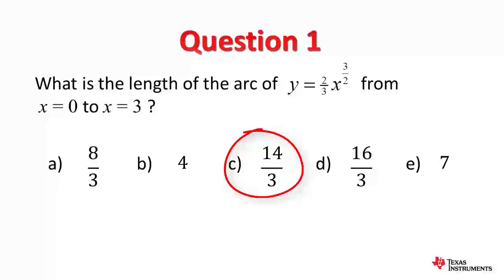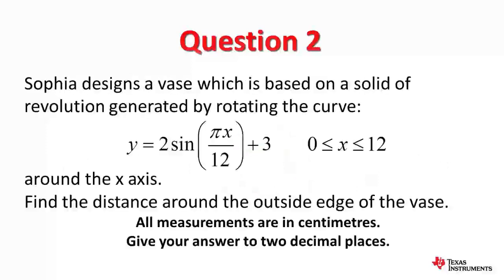The second example is with the circular function. Sophia designs a vase which is based on a solid of revolution generated by rotating this curve for x between 0 to 12, and we rotate around the x-axis. We assume the measurements are in centimeters, and we wish to find the distance around the outside edge of the vase, and the answer is required to 2 decimal places.